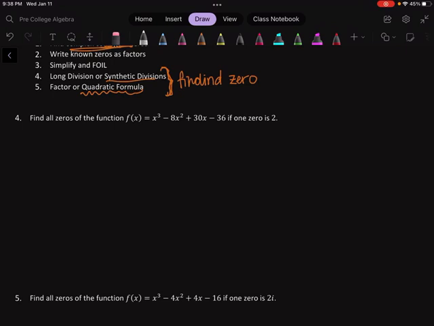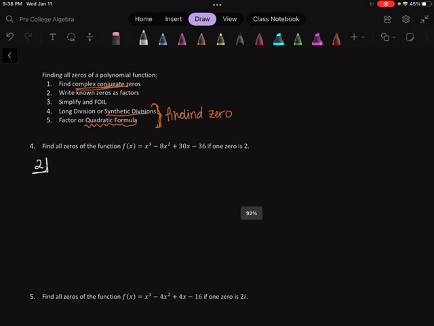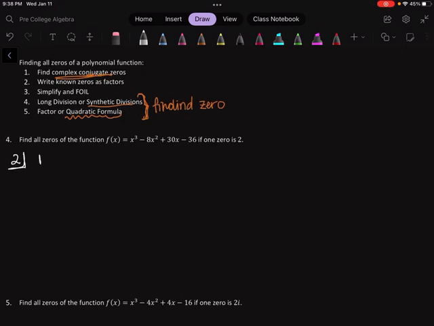So the 1 zero is 2. If we recall, synthetic division, we put a 2 right here. And then we write out the coefficients of this here. All right, so I'm going to drop down this 1. I'm writing really big here, aren't I? 2, 1, negative 8, 30, negative 36.